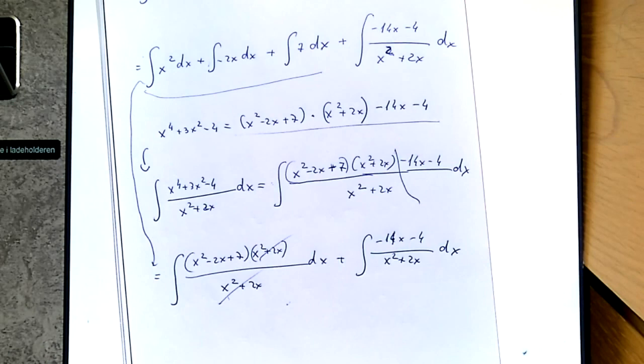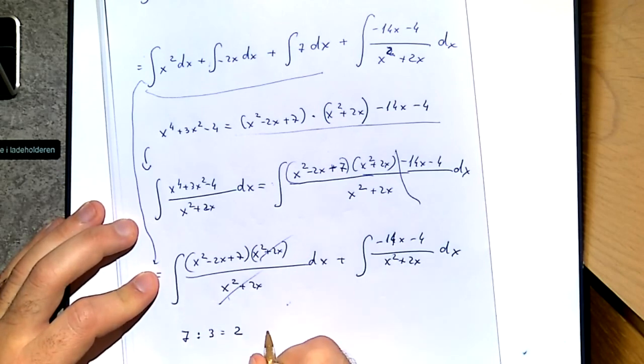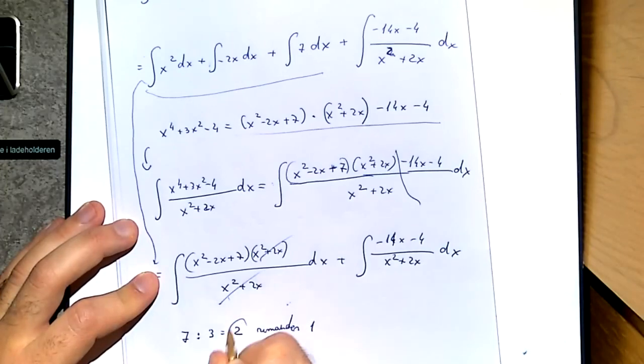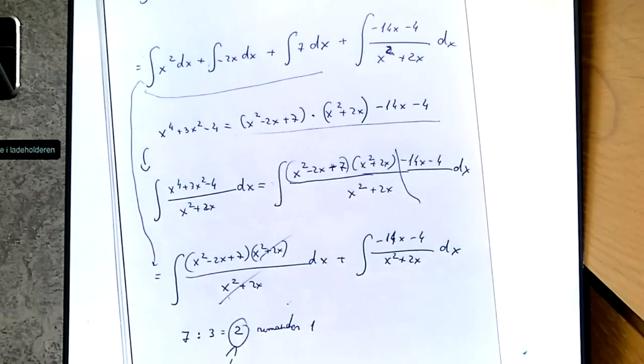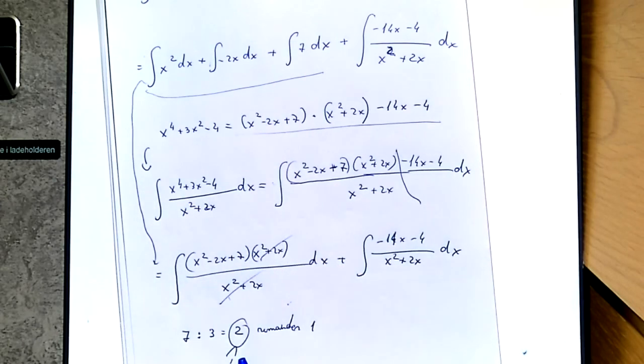For example, if you divide 7 by 3 and you get 2 remainder 1, just think of this thing that remains here as the 2 from this division, and the fraction here as the remainder 1.